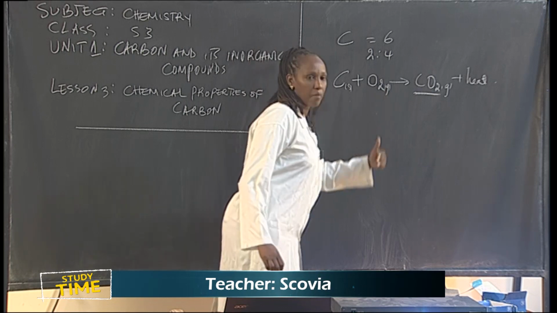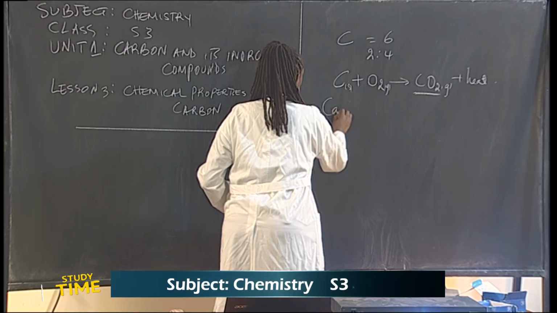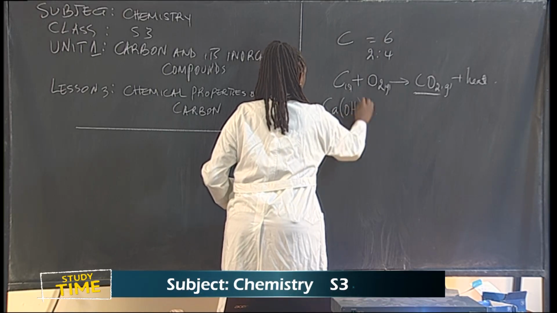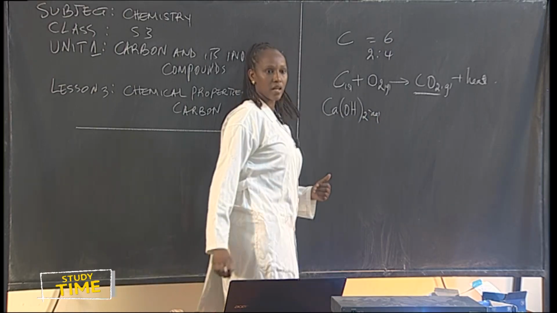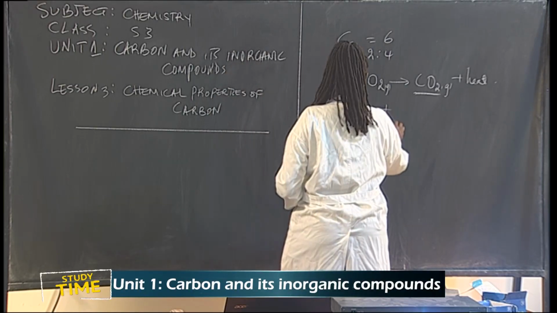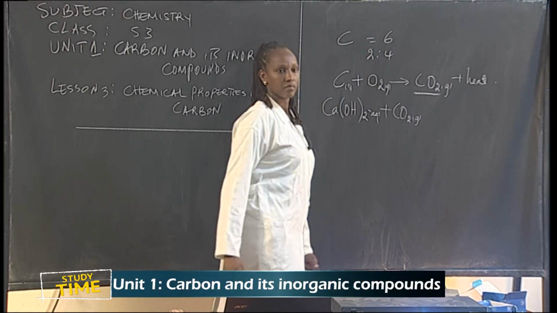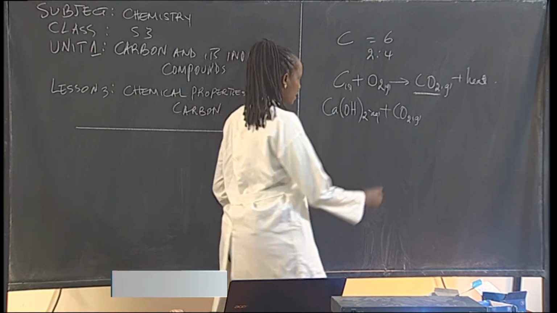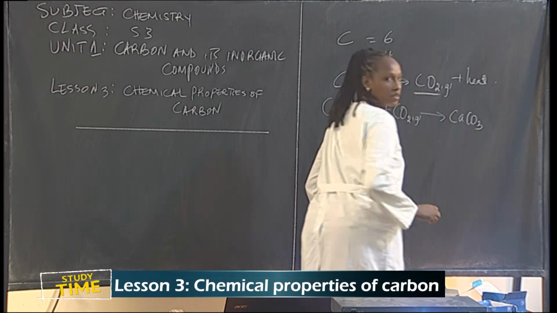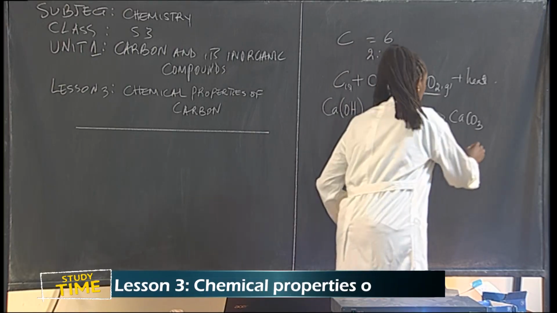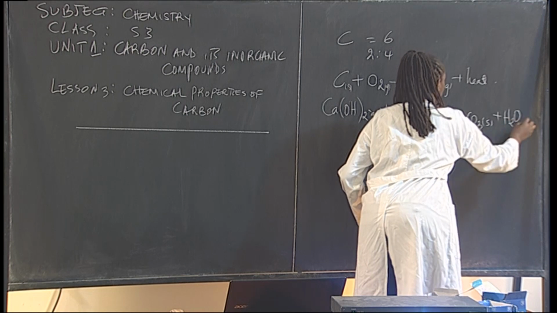How? So we get carbon dioxide plus calcium hydroxide. This is calcium hydroxide, aqueous, plus carbon dioxide, gas. We get calcium carbonate, which is solid, plus water, which is a liquid.